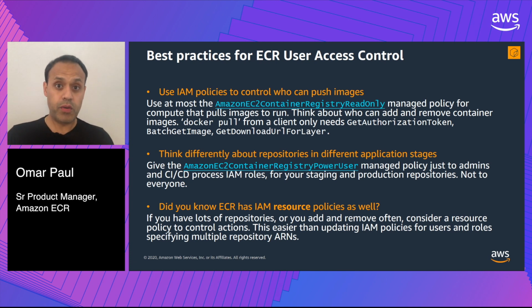For instance, if you have a lot of repositories that come and go, you create and delete them a lot, it becomes easier to create a default resource policy and attach it to a repo through CloudFormation or Terraform, instead of scanning through all your IAM policies and then adding in new resources as your repository ARNs keep coming and going. And that's simpler than doing this, and then, heck, that's even better, I think, than just having resource star in your policies, which I think we all know we probably shouldn't do.